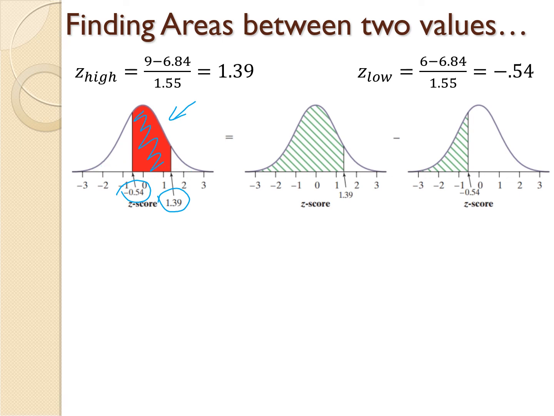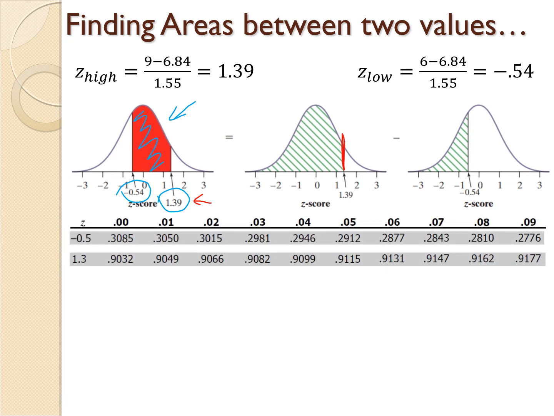So to start off, let's look at the higher one, the 1.39, which is here. We can look that up in the table, and when we do, we should see it's 0.9177, and that's going from all the way to the left. But we don't actually want to go all the way to the left. We want to stop at negative 0.54. To do that, we're really just taking all this extra on the left here, and we're taking it away.